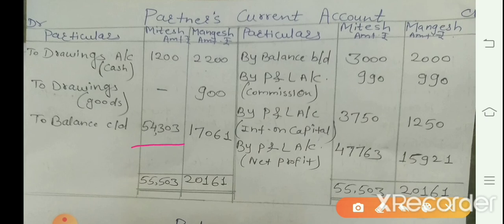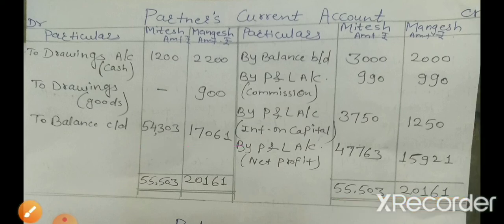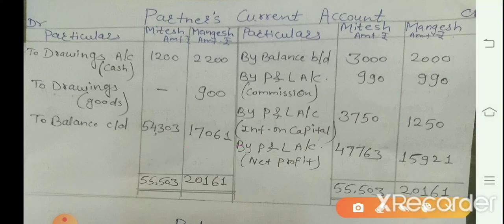To that amount we will write to balance carried down. Similarly, the debit side's total of Mangesh will be deducted from credit side's total. The remaining amount is here, that is 17,061. So this amount will be written in balance sheet. Now remember, from partner's current account we will take these amounts to write in balance sheet.